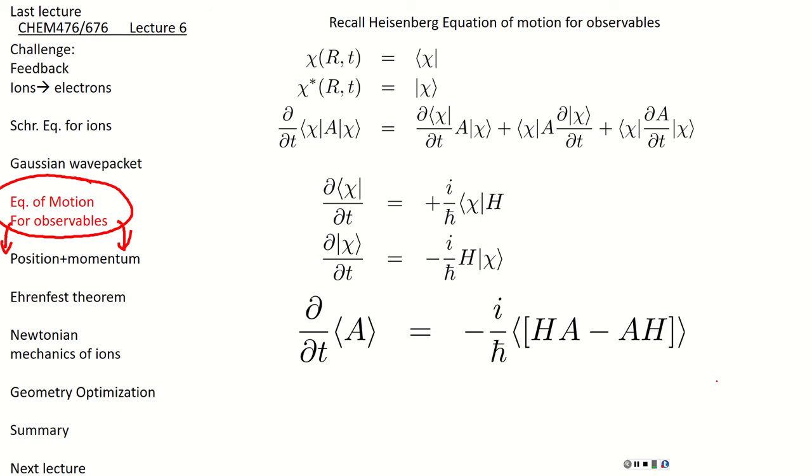So the expectation value of an operator, and in our situation it will be position: its time derivative, its time propagation, is the expectation value of the commutator of this operator with the Hamiltonian. So one needs to do this commutation operation, which needs a little operator algebra, and then it builds an equation of motion which is as good as classical.